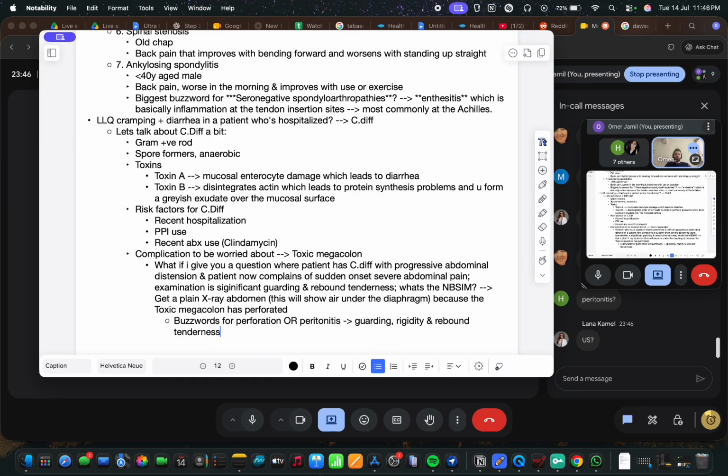Whenever you see these three things on abdominal examination, whether it's perforated peptic ulcer disease, perforated toxic megacolon due to, let's say, ulcerative colitis, perforated bowel due to toxic megacolon secondary to C. diff, or even traumatic perforation like an RTA patient, you're going to be thinking more along the lines of perforation, and you're going to get an X-ray.